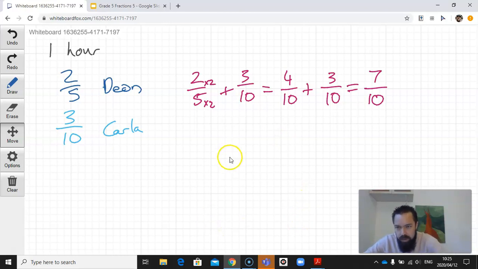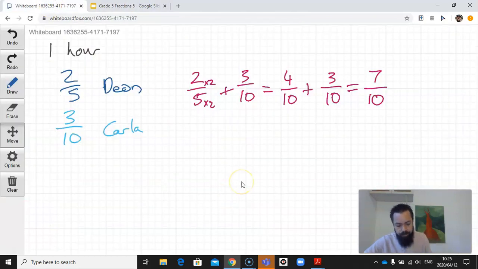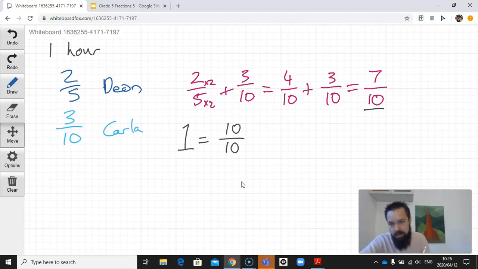If we look back, the question was how much time is left till they have to take it back. So this is a little bit more complex. Well, we started off with 1 hour. Because we're looking at tenths, let's write our hour as 10/10.